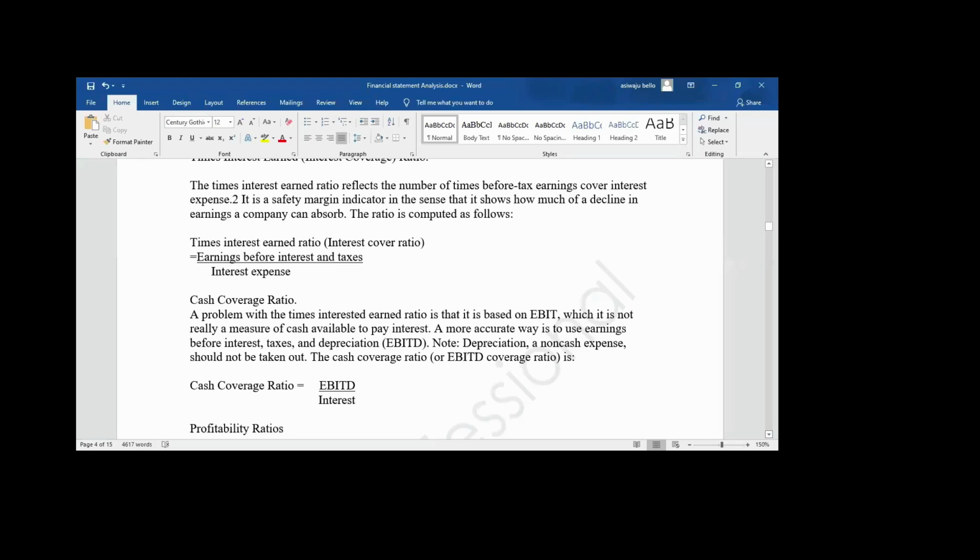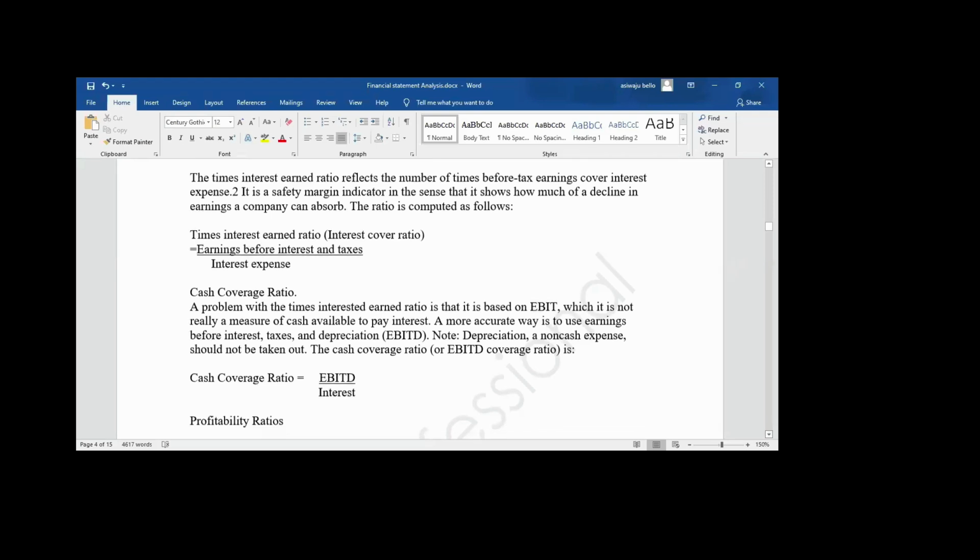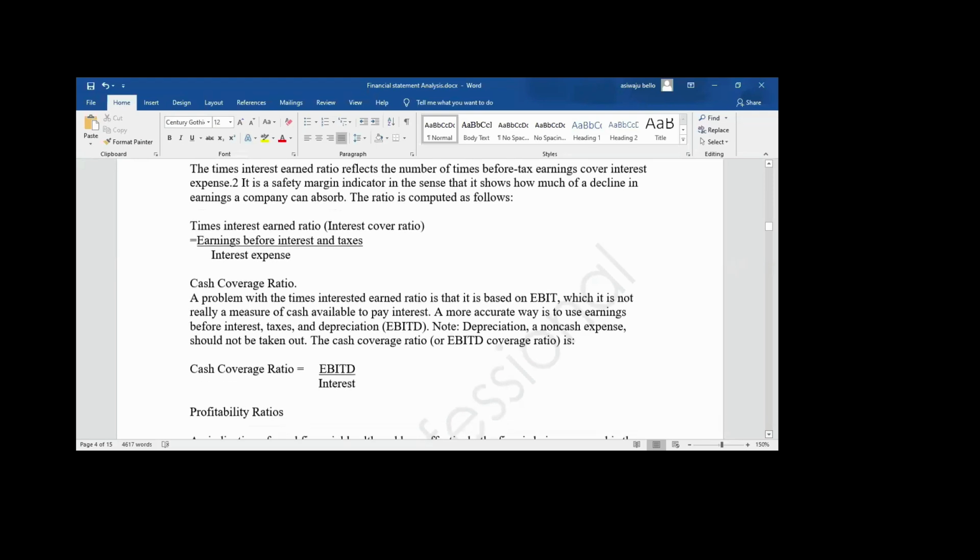I know that most students are familiar with interest cover ratio, but I'm not sure that they are familiar with cash coverage ratio. What are we trying to test? We want to test the ability of the company to pay its long-term financial obligations.